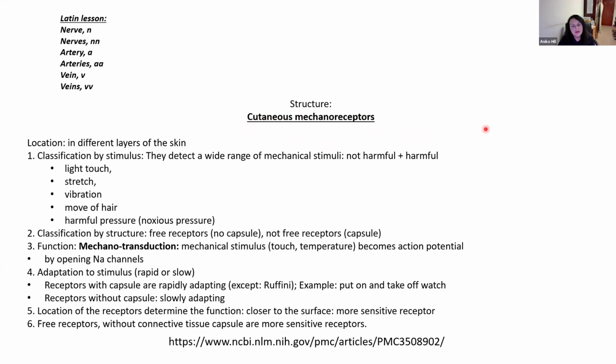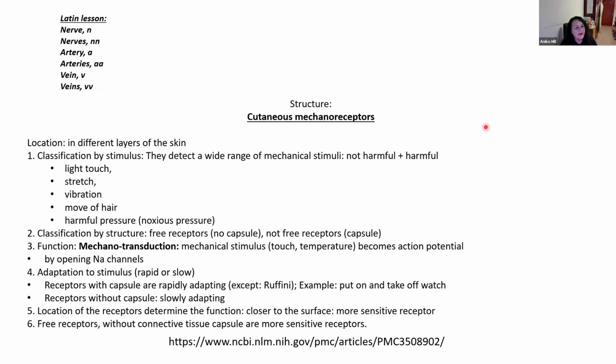If we compare with the specialized ones, the eye, ear, and the special receptors are all on your head and very complicated. These cutaneous mechanoreceptors are mainly sitting in your skin, and they are everywhere.